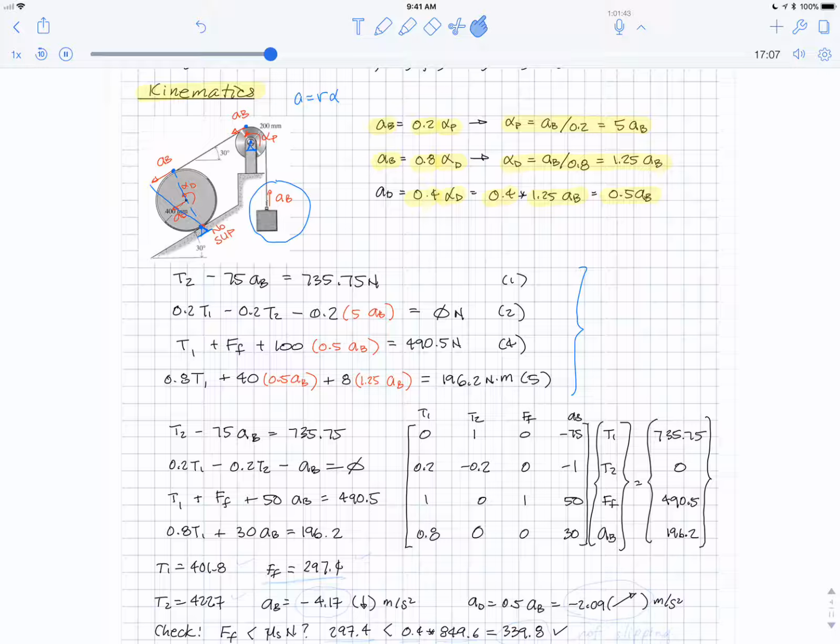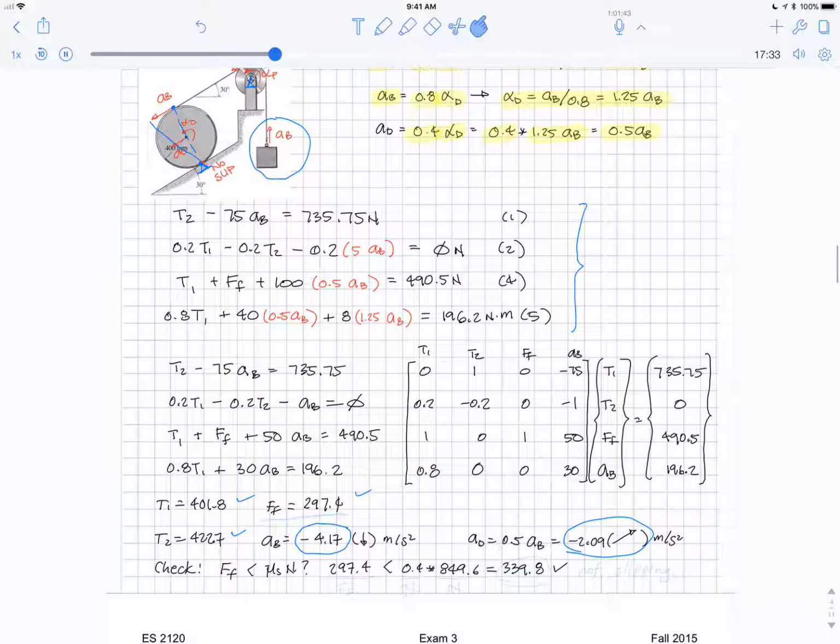I have a thing on my calculator where I could put those 4 equations into it, and then I solved and I found that the acceleration of the block was 4.17 meters per second squared. I got a negative, which means the block is going down, and then the acceleration of the disc is half of that, so 2.09, again negative, meaning going up.